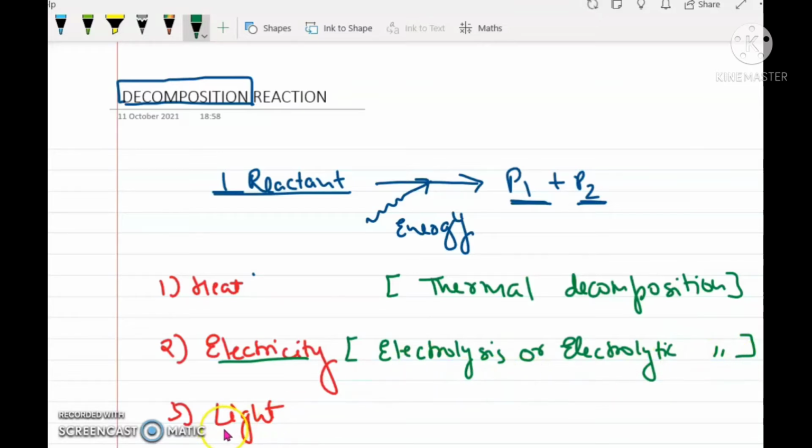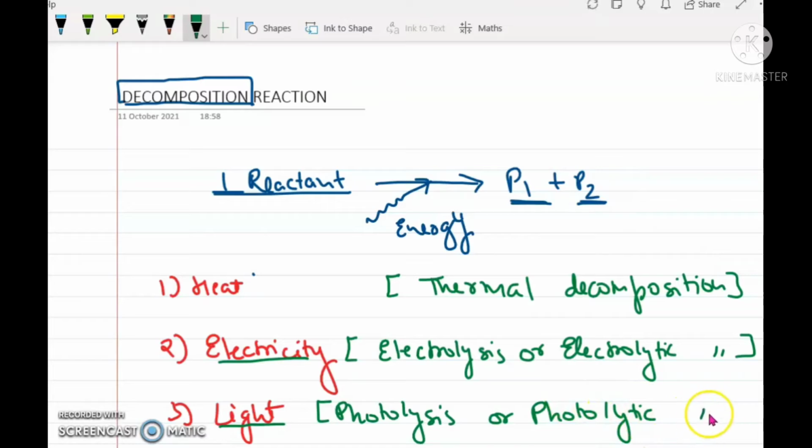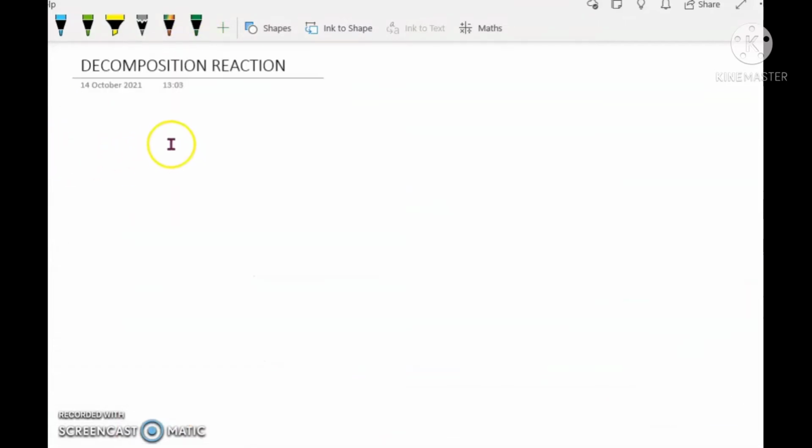If the energy input is in the form of light, then it is referred to as photolysis, or simply as photolytic decomposition reactions. This is a hint which will help you identify easily what a decomposition reaction is.